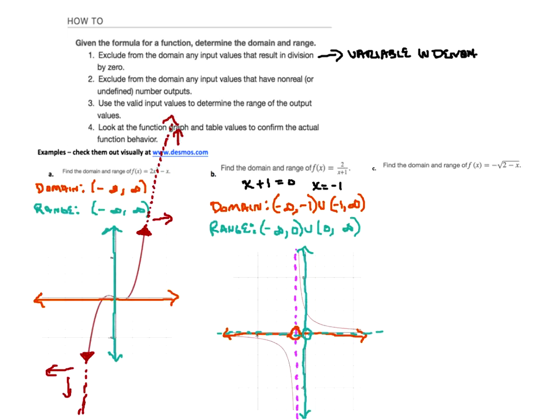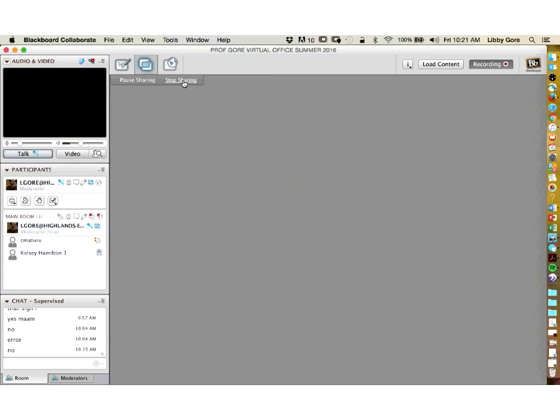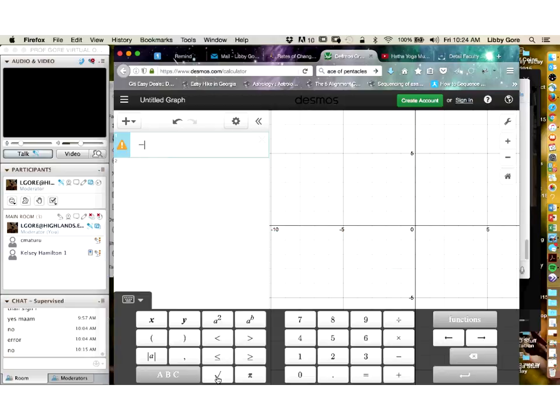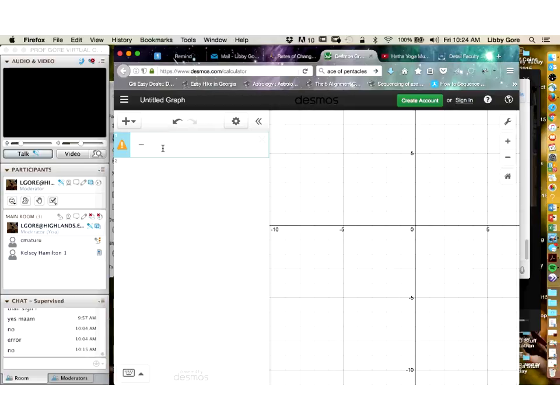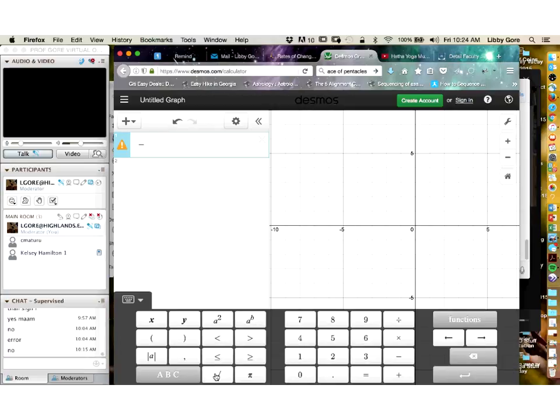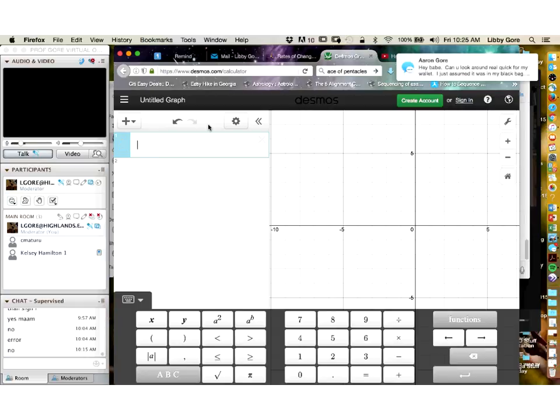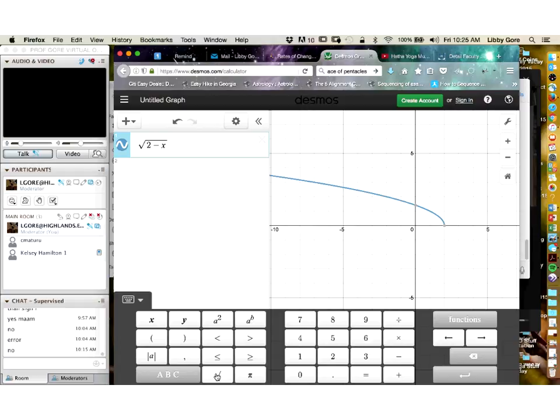And this last one, negative square root of 2 minus x. Okay, so negative square root. Oh, why is it not letting me do that? Let me take the negative off and see if I can put it back in. Okay, square root of 2 minus x, and let me make this negative.